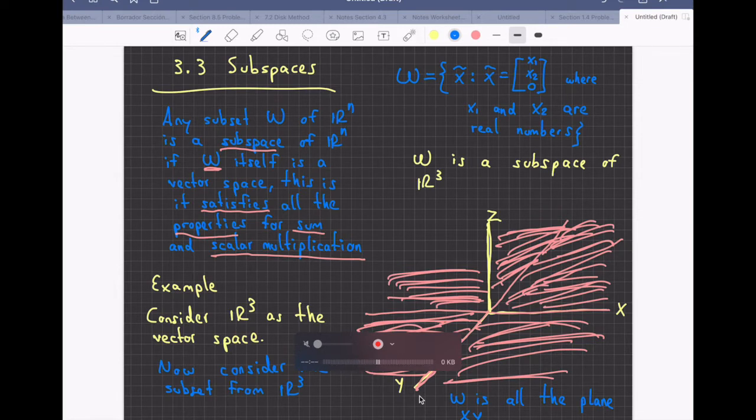But again, we would have to verify all the properties for addition and scalar multiplication, but we don't have to do that. There is another way to do it easier.